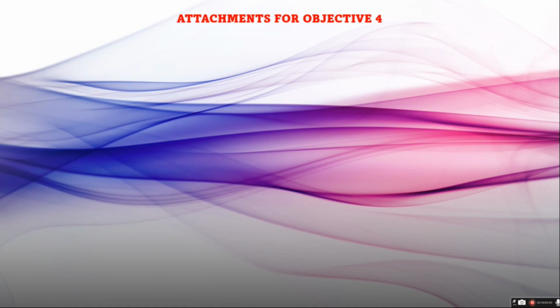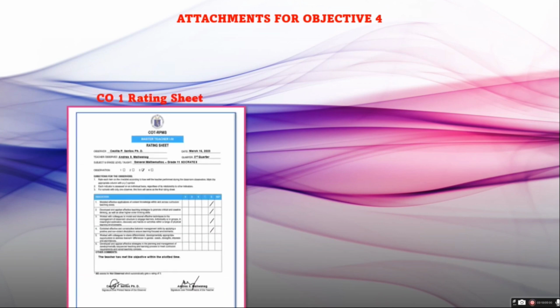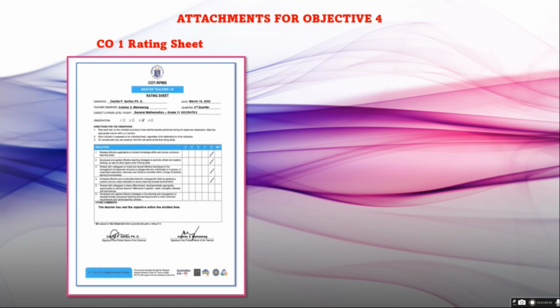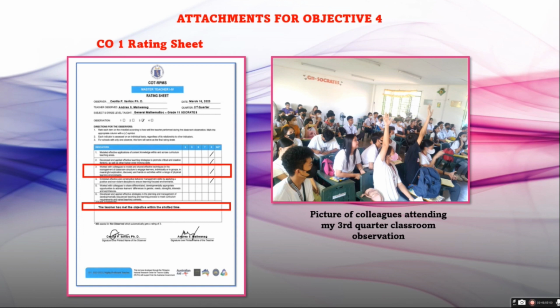For this activity, the attachment that we're going to have will be the Classroom Observation 1 rating sheet, or the third quarter classroom observation rating sheet, kung saan ipapakita natin or i-highlight natin ang score natin for the classroom observable indicator number 3, and then the note of our observer on whether or not we met the objective within the allotted time, and of course ang ating evidence that colleagues attended our classroom observation.